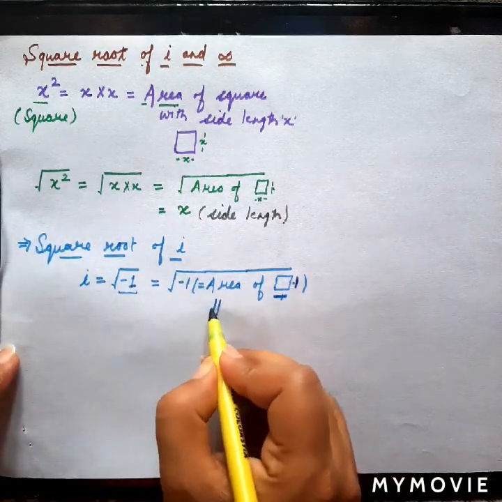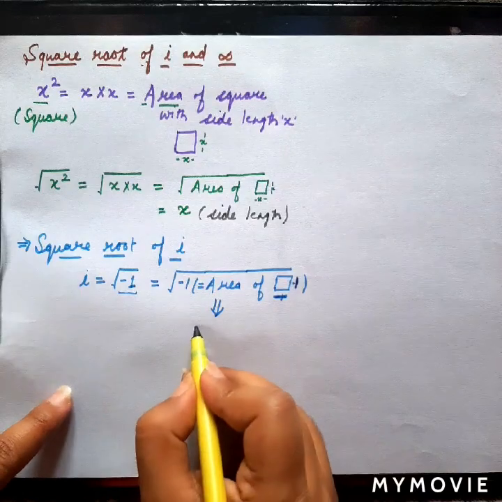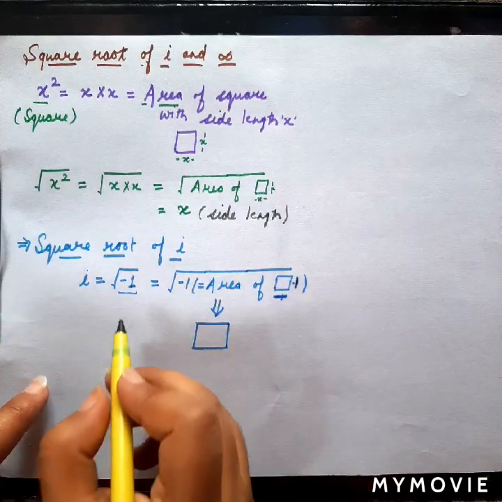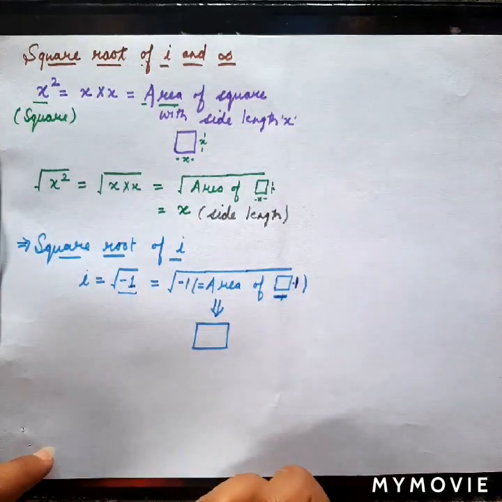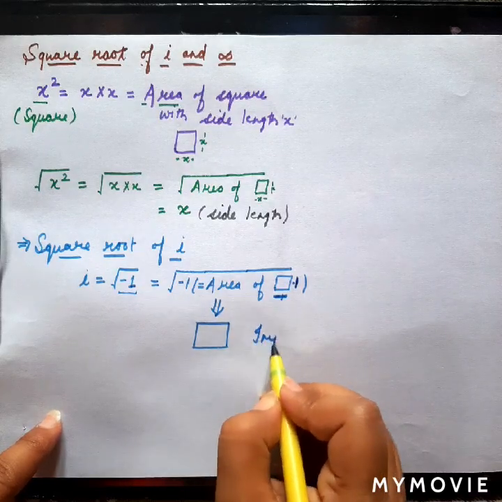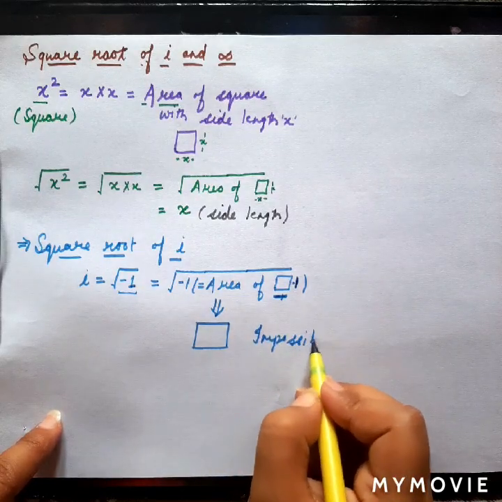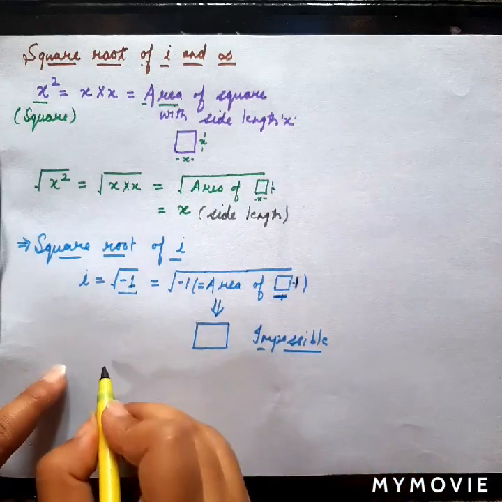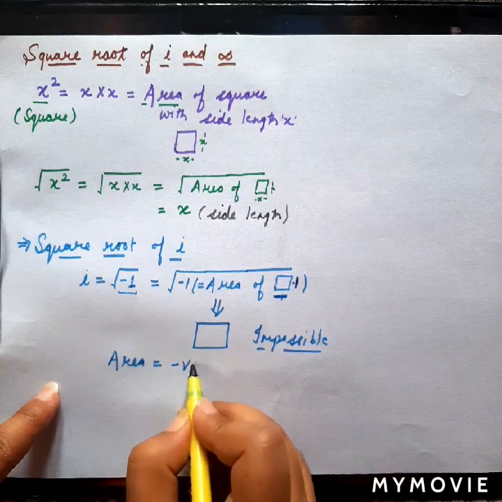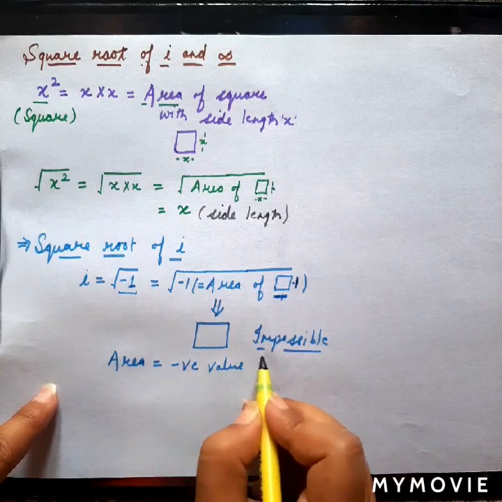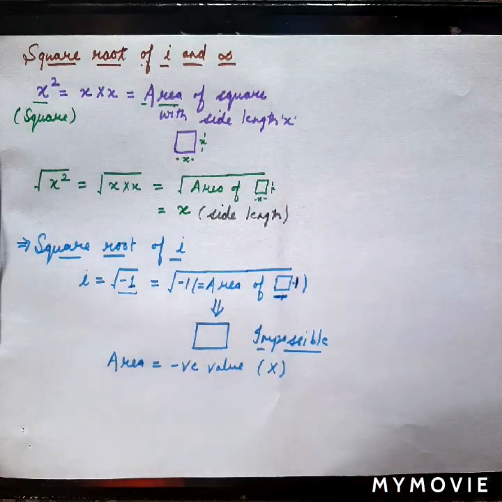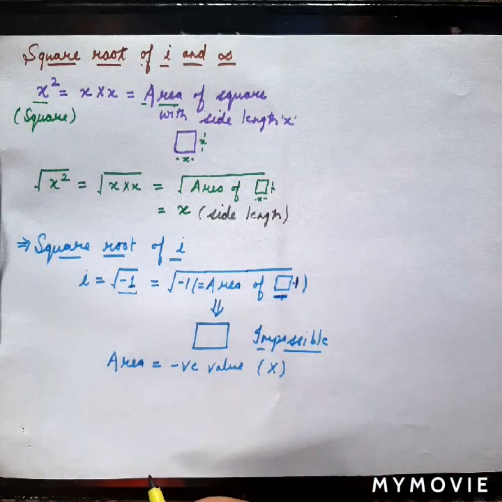It means we have to create a square in such a way that it will produce negative area of that square. So geometrically, practically, it is impossible. We cannot create any square whose area will be equals to a negative value. This is impossible, right? We cannot create any square with a negative area.